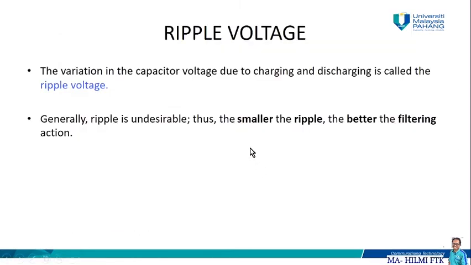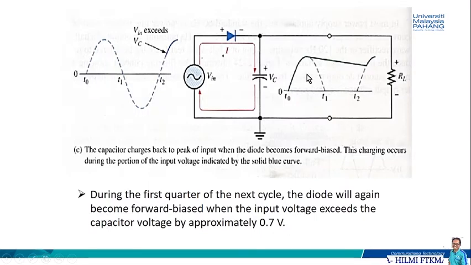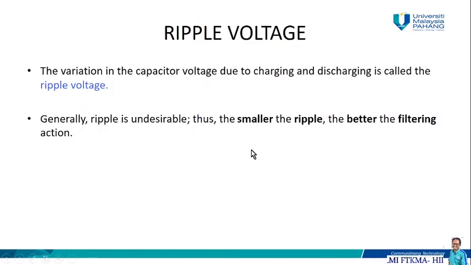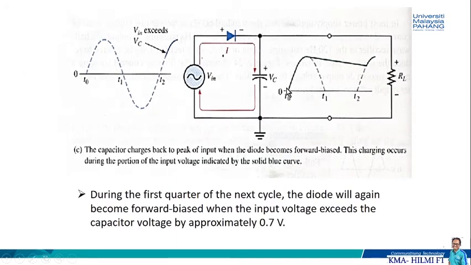So the shape that we've found here is a shape that consists of ripples. Ripple voltage is the term we use to represent the variation in the capacitor voltage due to charging and discharging. This is the part where it's charged and then discharged, charged and discharged.